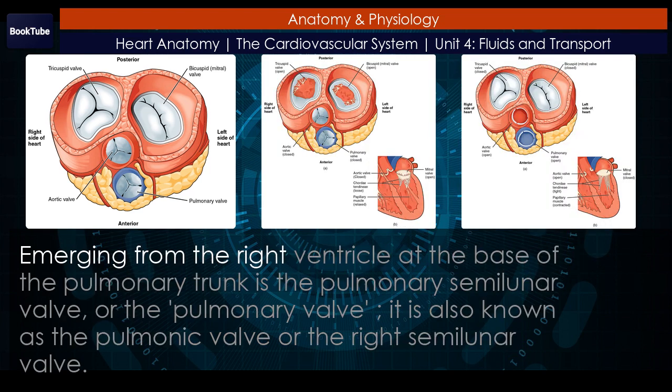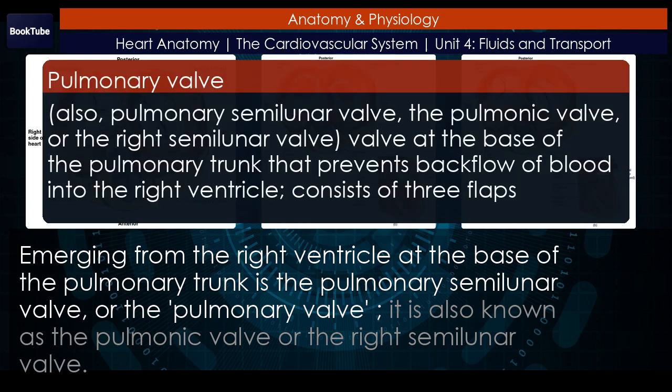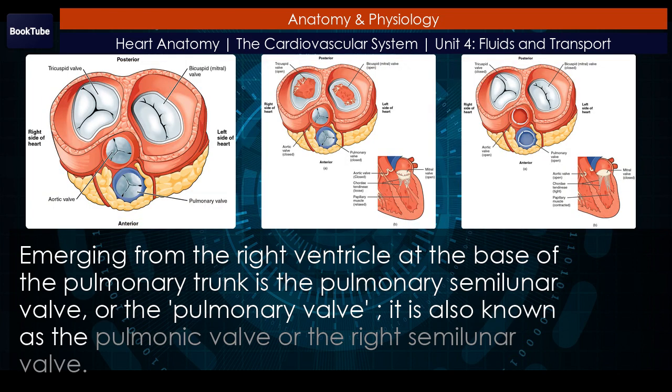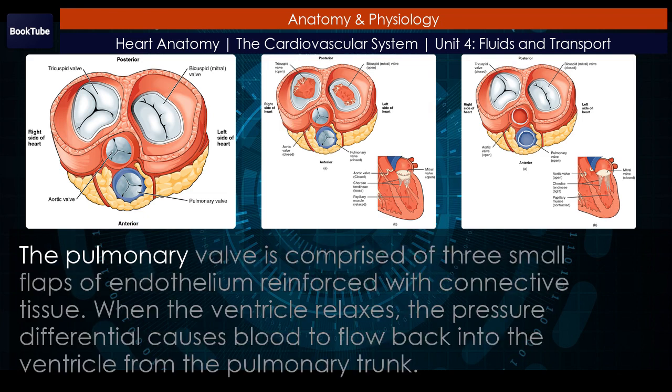Emerging from the right ventricle at the base of the pulmonary trunk is the pulmonary semilunar valve, or the pulmonary valve. It is also known as the pulmonic valve or the right semilunar valve. The pulmonary valve is comprised of three small flaps of endothelium reinforced with connective tissue.